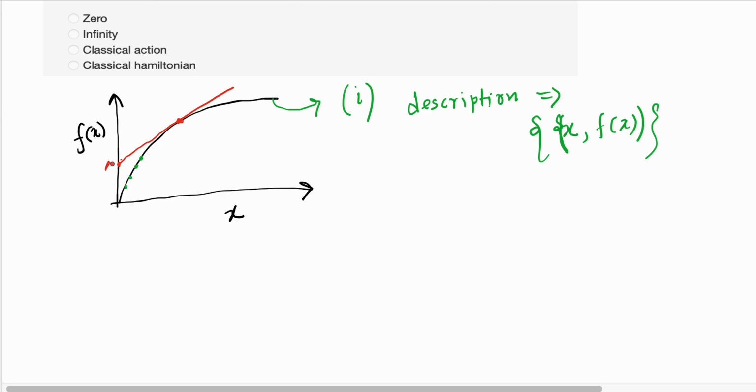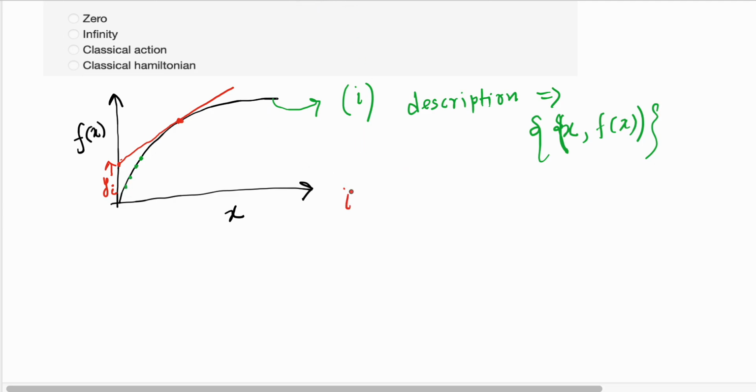So if you mention this intercept, suppose this is the y intercept, and you also mention the inclination, then it is another description of a curve.